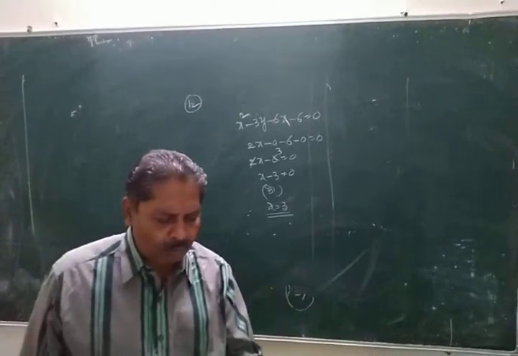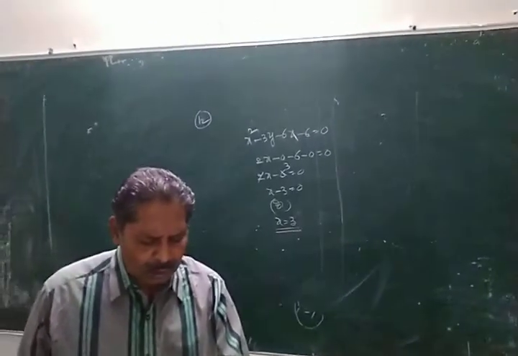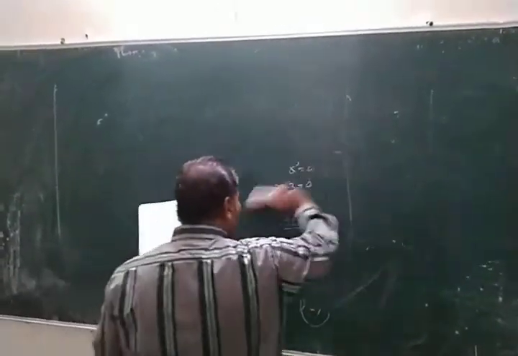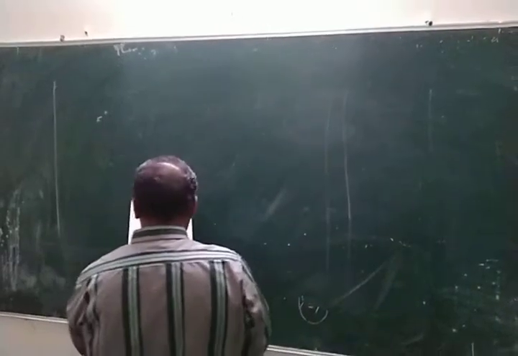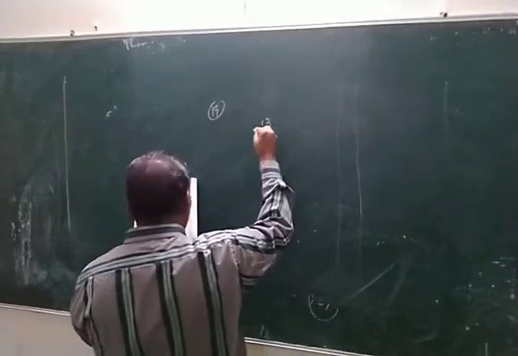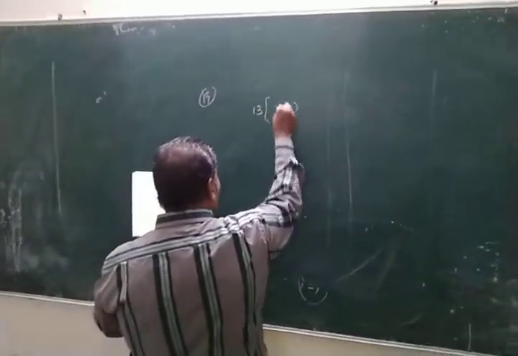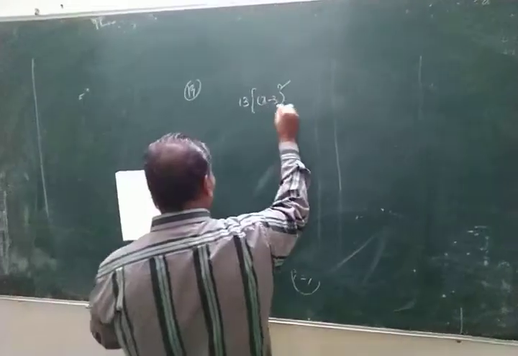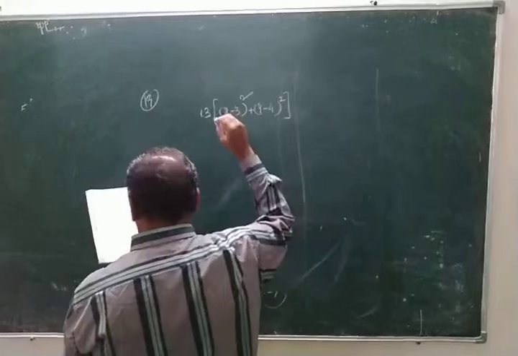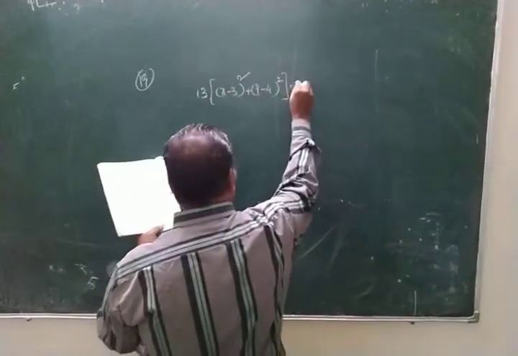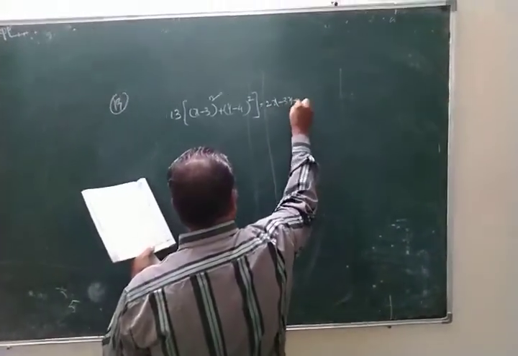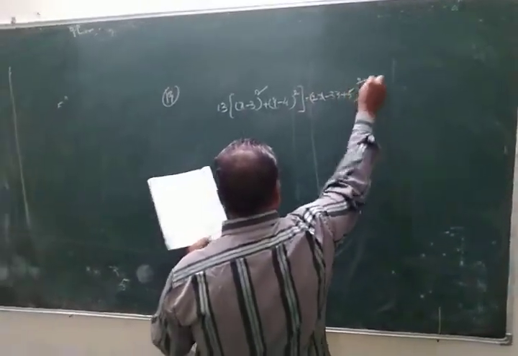Bit number 19. The length of the latus rectum of 13 into x minus 3 whole square plus y minus 4 whole square equal to 2x minus 3y plus 5 whole square.